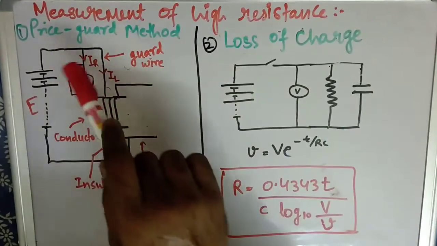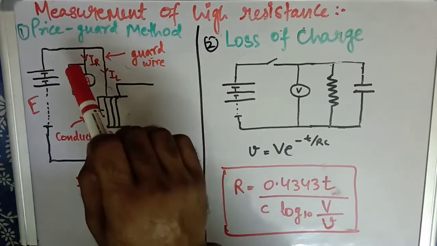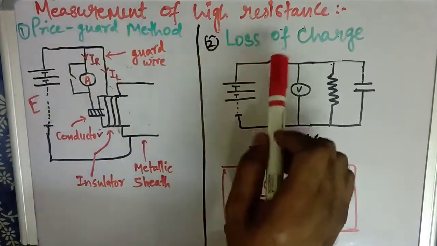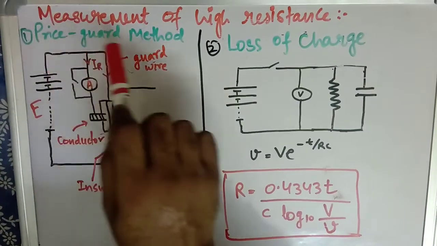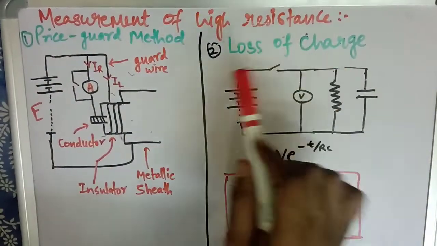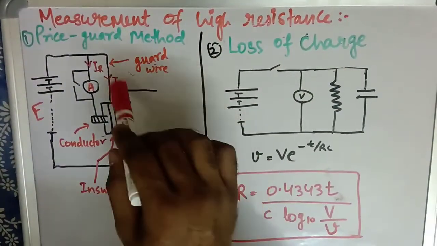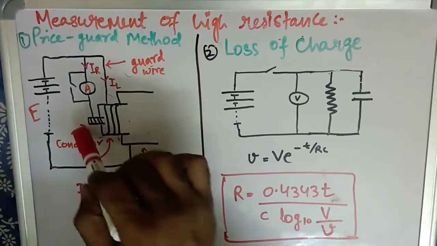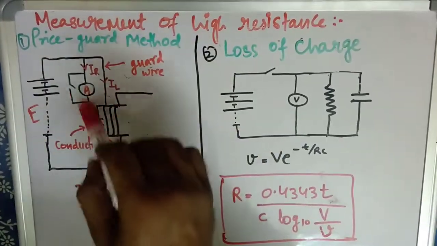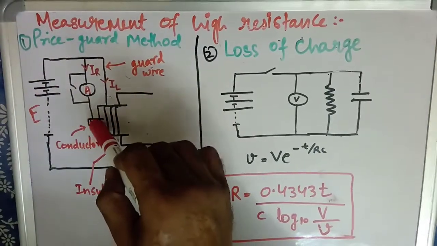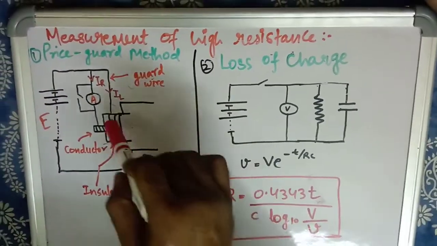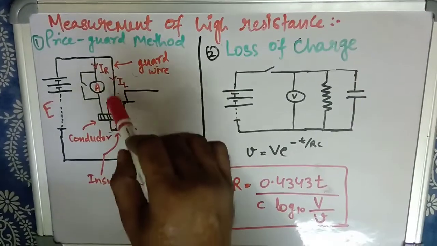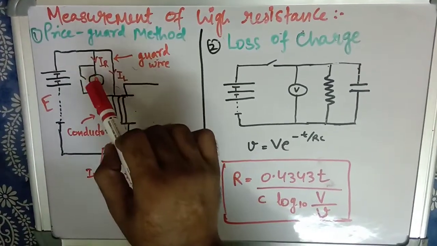So in succession to the difficulties, we now come to the measurement of high resistance with two methods, that is the price guard method and the loss of charge method. In the price guard method, we have a typical cable which has a metallic sheath, an insulating layer and a conductor. When voltage is applied between conductor and metallic sheath, a current flows which is to be measured by the ammeter.